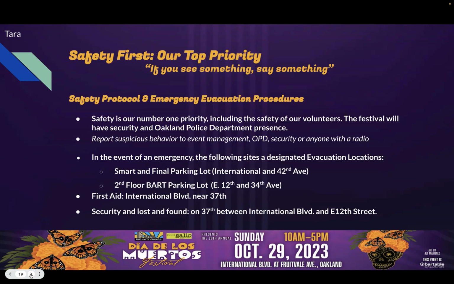We have presence from Oakland Police Department as well, and security. In the event of an emergency, there are 2 designated evacuation locations: the Smart and Final parking lot on International and 42nd Avenue, and the 2nd floor BART parking lot, which will be right next to the senior center. Again, first aid station will be on 37th, and security and lost and found will also be on 37th as well, between 37th and East 12th Street.